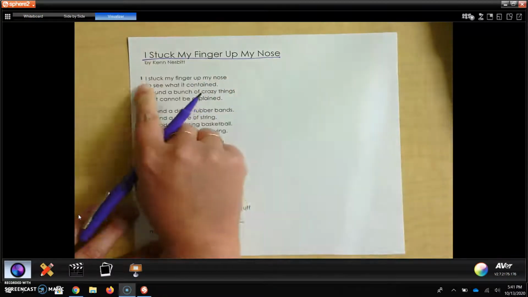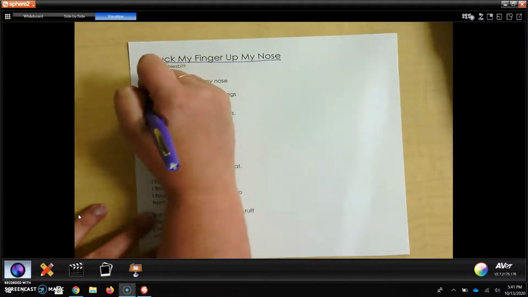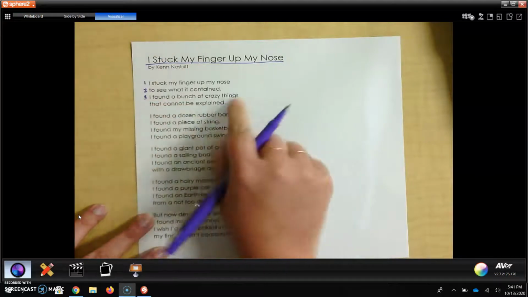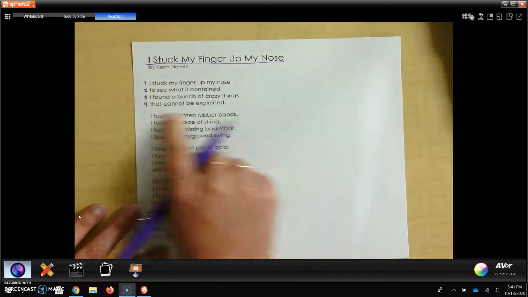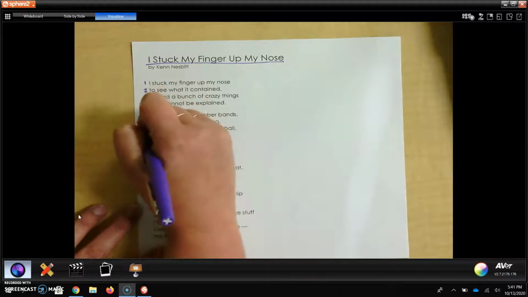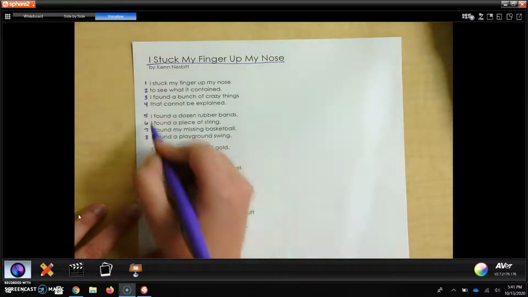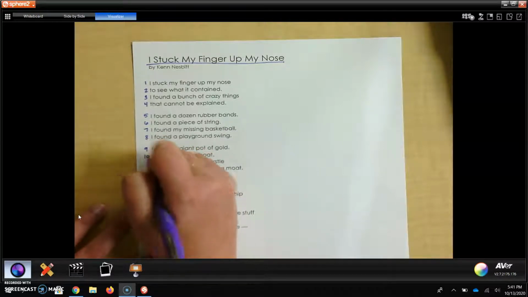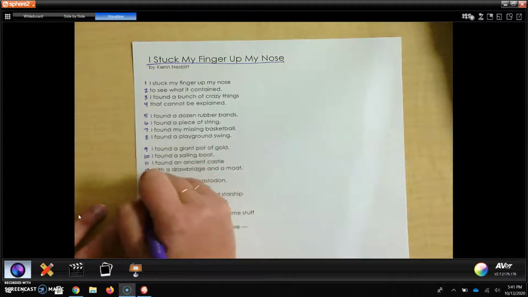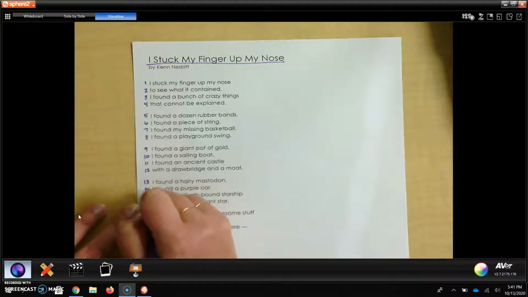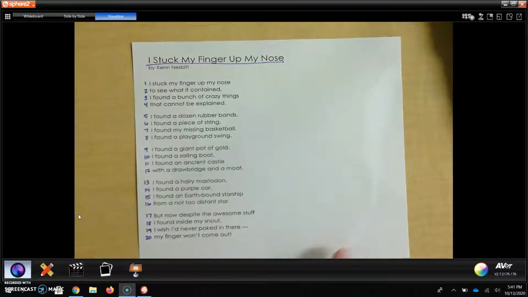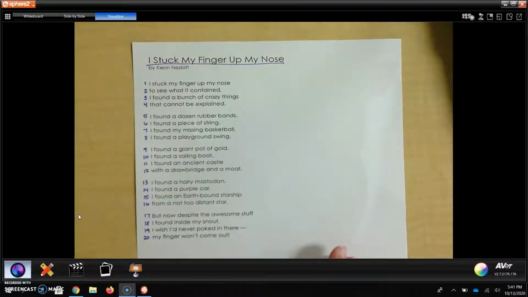So 1, here's my next row. 2, here's my next row of lines. 3, here's my next line. 4, here's my next line. 5, and then I'm going to go all the way down and just continue to label every single line in this poem. So 8, 9, 10, 11, 12, 13, 14, 15, 16, 17, 18, 19, 20. So I have a total of 20 lines in this poem.